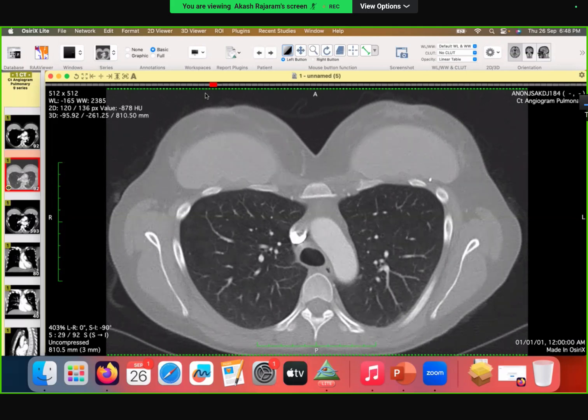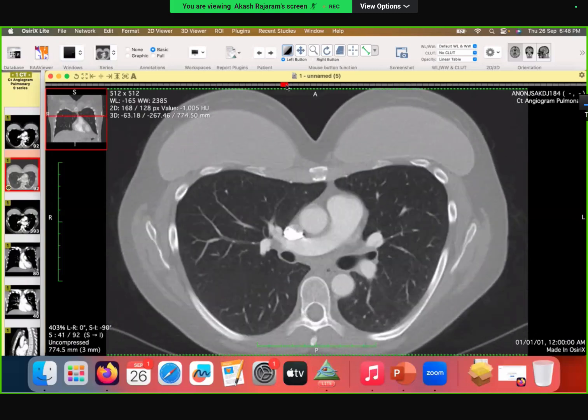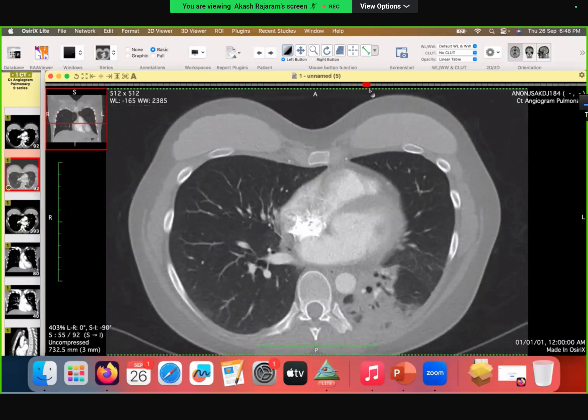Any differential diagnosis? For the left lower lobe collapse, I'm thinking about mucus plugging, and because of the cystic areas, I want to check them.